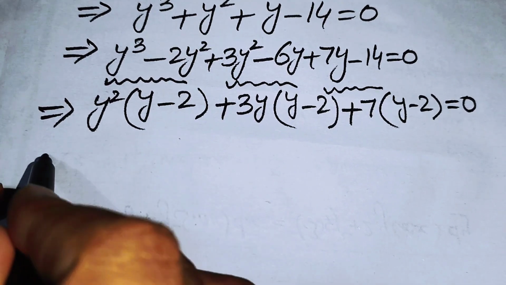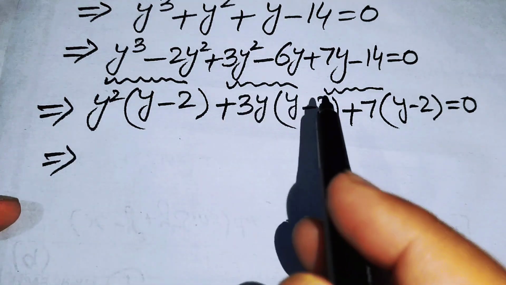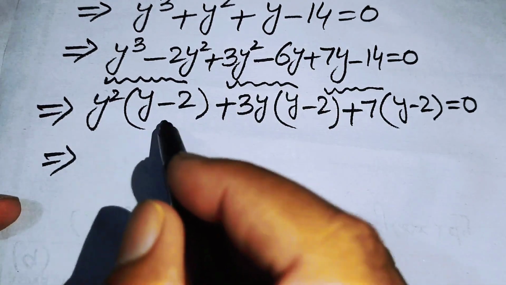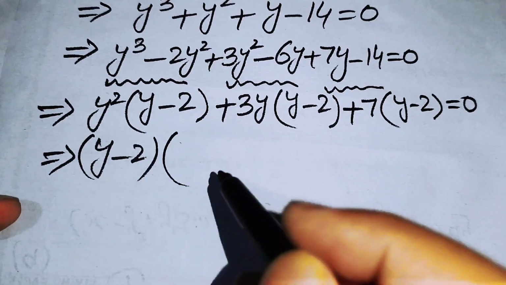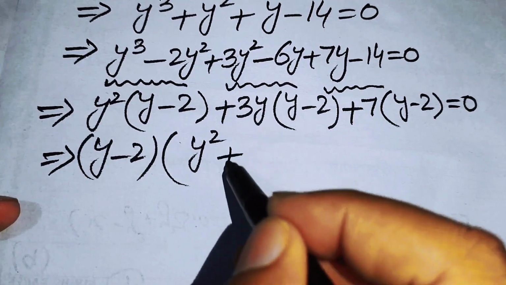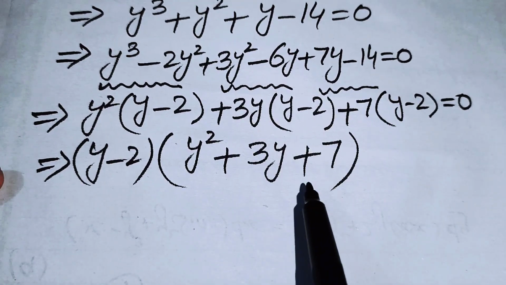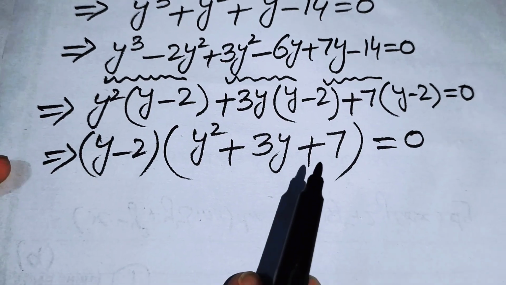And now you focus on each term and we will take common y minus 2 because it occurs in each term. So we take common y minus 2 and we get y minus 2 times y squared plus 3y plus 7 is equal to 0. And now we have two cases.